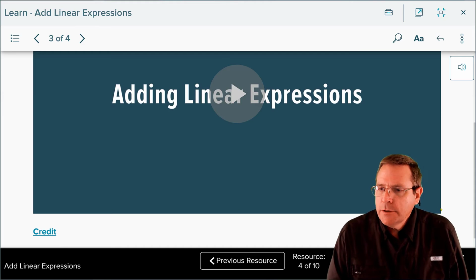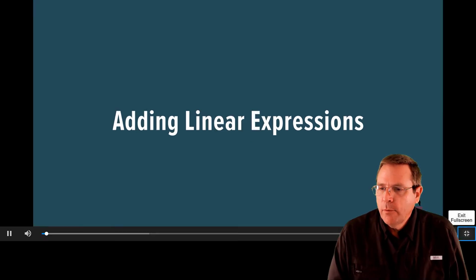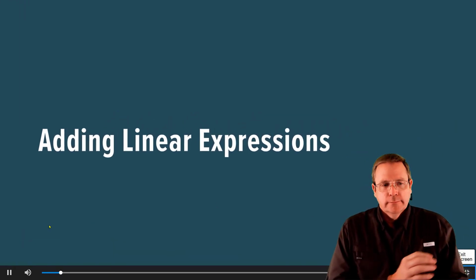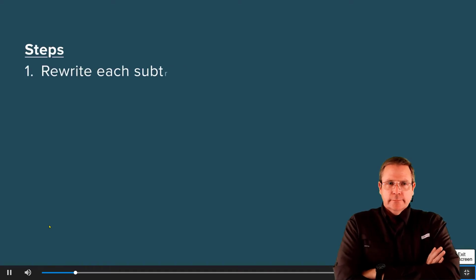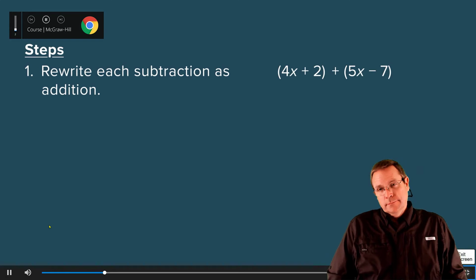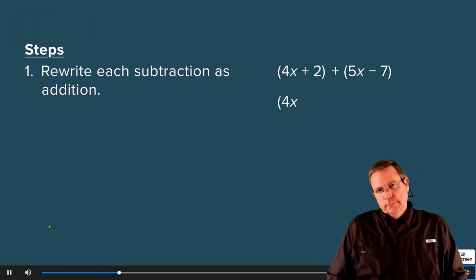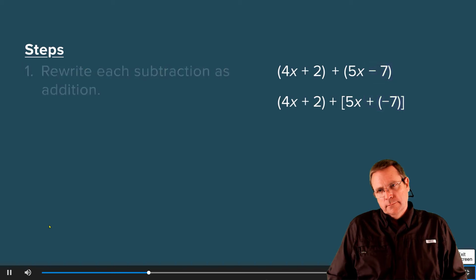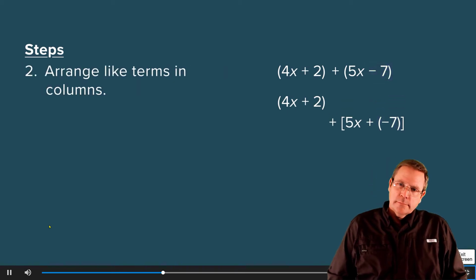And it is animation time, where the textbook is going to give us a video. You can add linear expressions by combining like terms. First, rewrite each subtraction as addition by adding the opposite. Then arrange the like terms in columns.